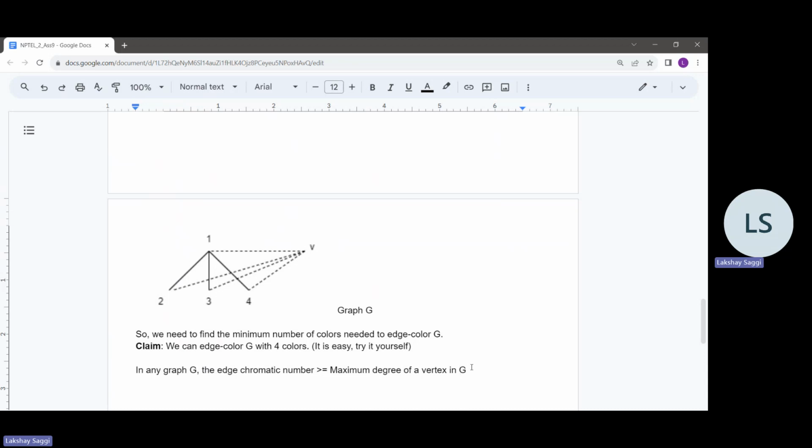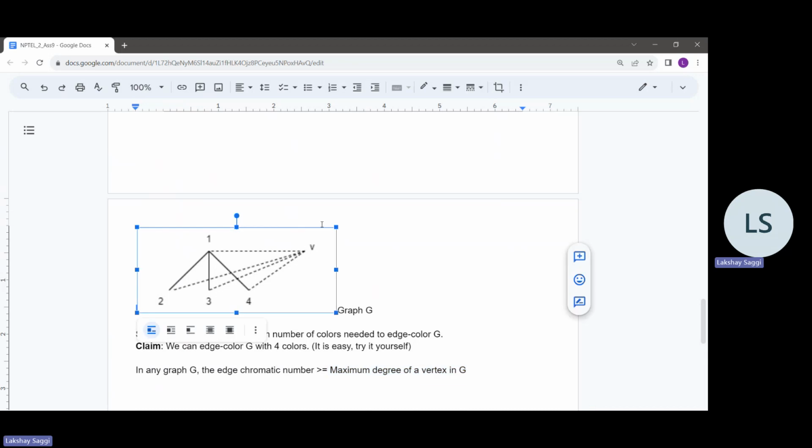Sometimes you will need more colors. That's why I have this inequality and not equality. What I'm claiming is that the edge chromatic number will always be at least as large as the maximum degree of a vertex. Basically, see the graph G and note the degrees of all the vertices in G, and then the maximum degree will be a lower bound on the edge chromatic number. And why is this the case?